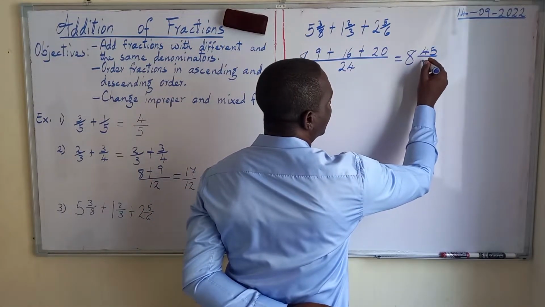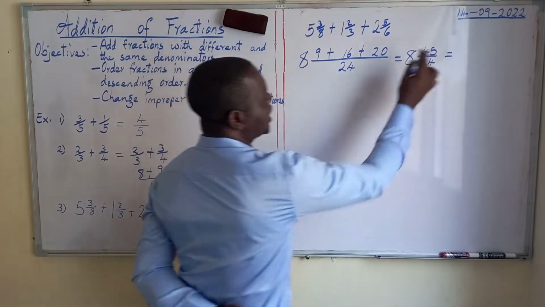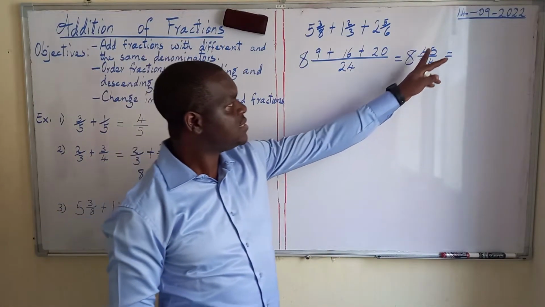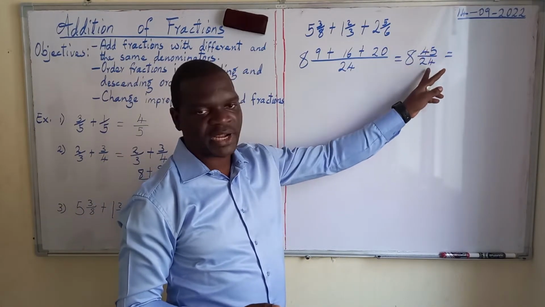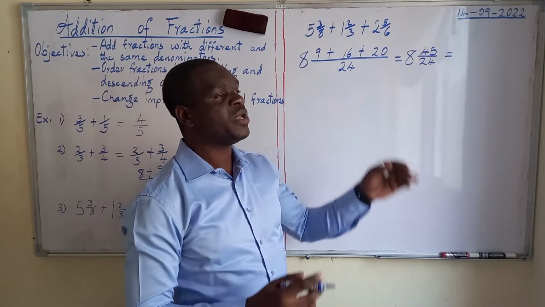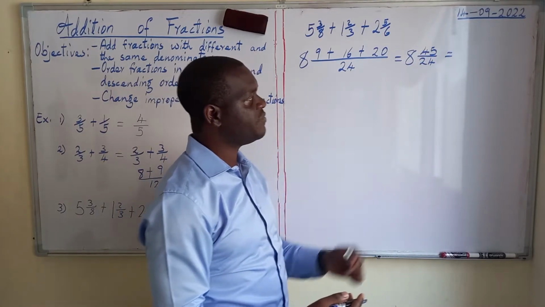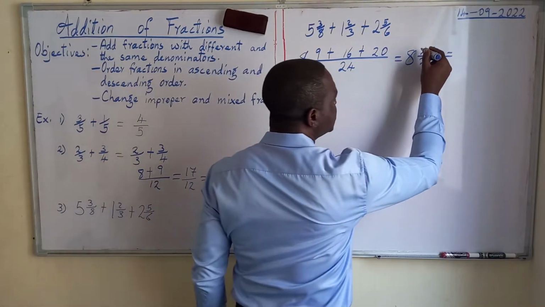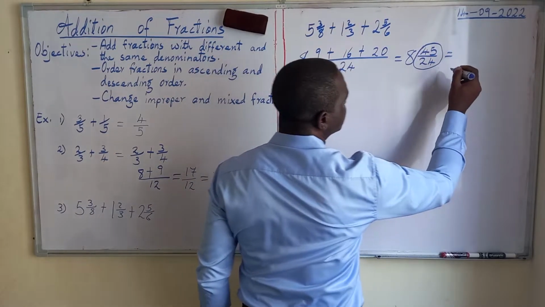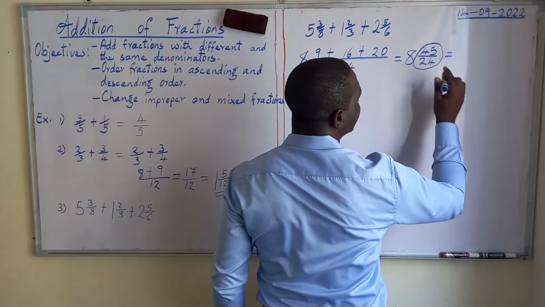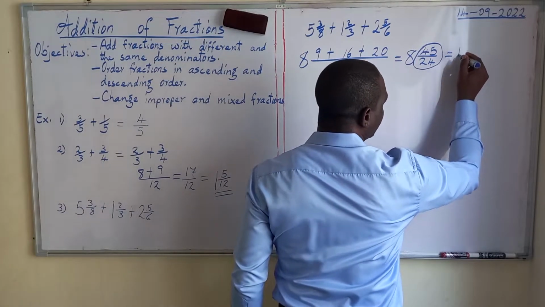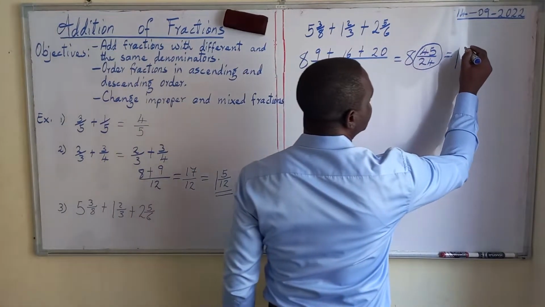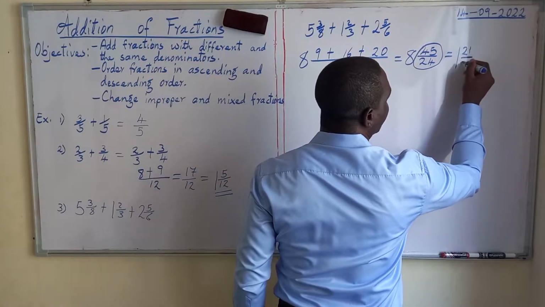45 all over 24. If you look at this carefully, you realize that this is an improper fraction, and an improper fraction, we can further change to a mixed fraction. So if you want to change this alone, 45 divided by 24 will give us 1 whole, and our remainder here will be 21 all over 24.